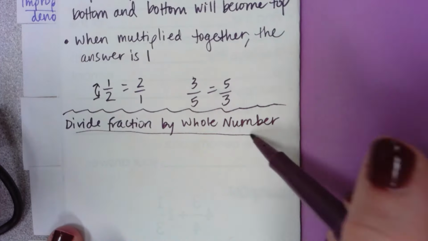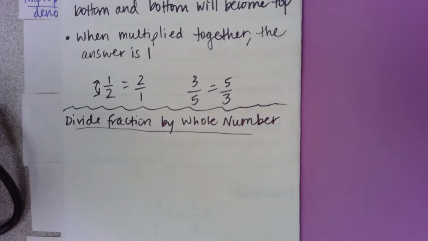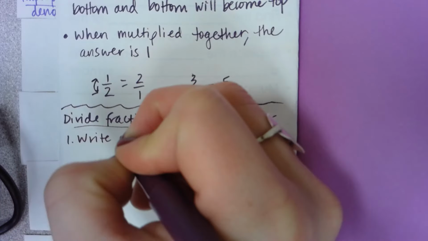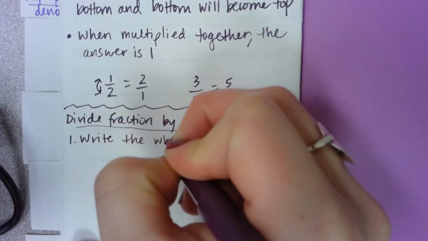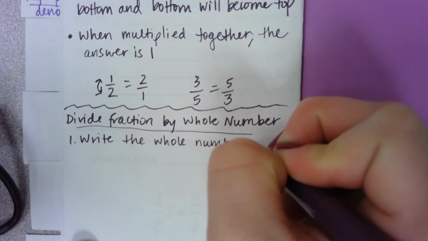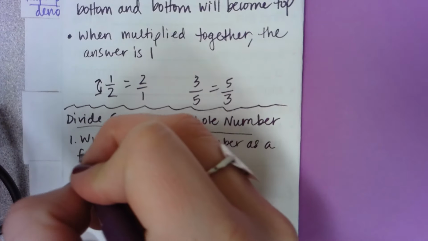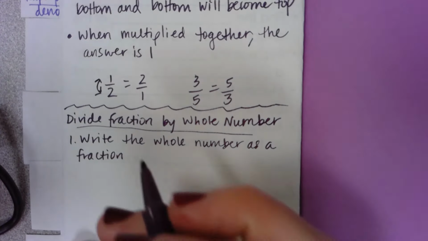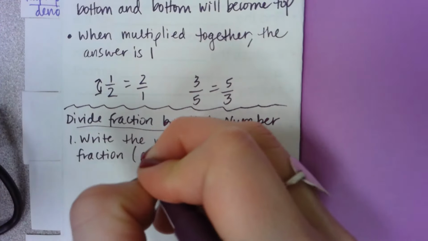The front side of this page has some similar steps in order to divide a fraction by a whole number, but it mainly talks about dividing a fraction by a fraction, which we'll get to in the next lesson. So when you are dividing, you're going to write the whole number as a fraction like you would any other time, which means you put it over 1.